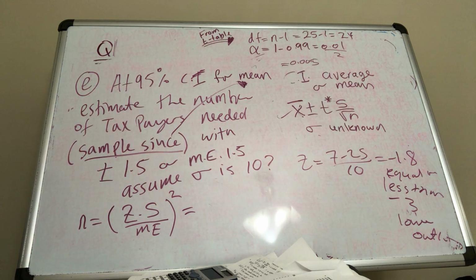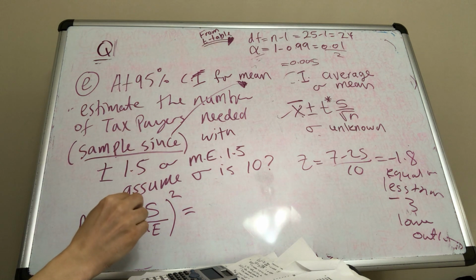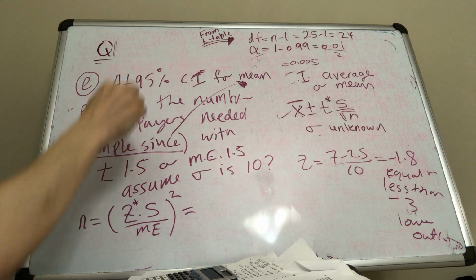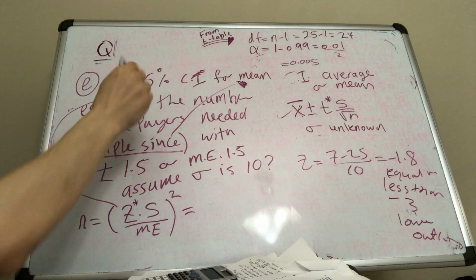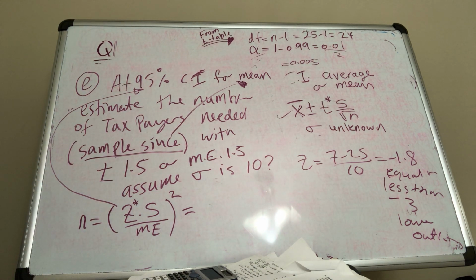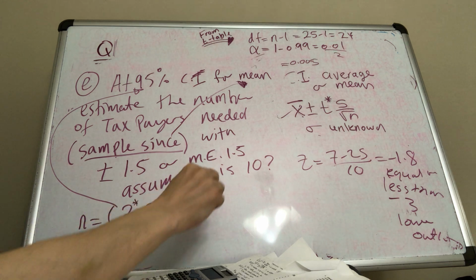Now for 95% confidence interval, of course this is Z star. Z star at 95, I told you how you do it. You take this, you divide it by 2, you take the 95 plus half of the remaining, it would be 0.975, and you go look it up. Or you just put it in Google. Just say Z at 95% CI. It will tell you right away that it's 1.96.